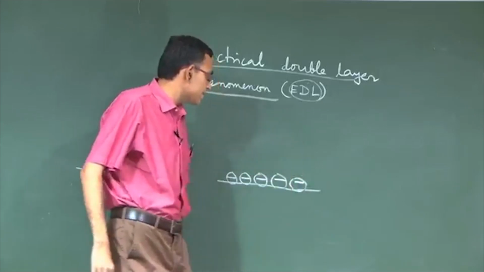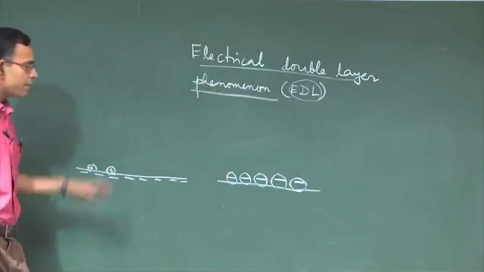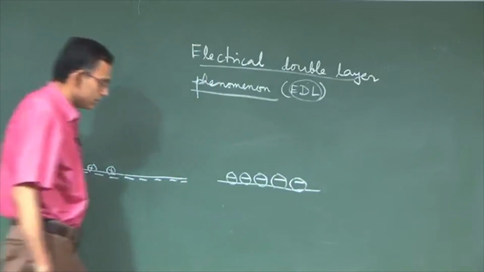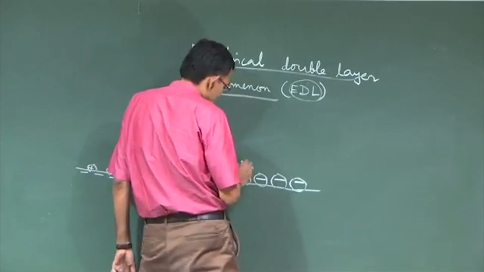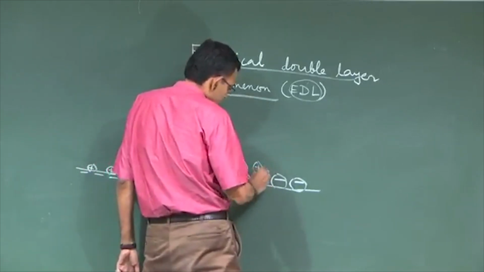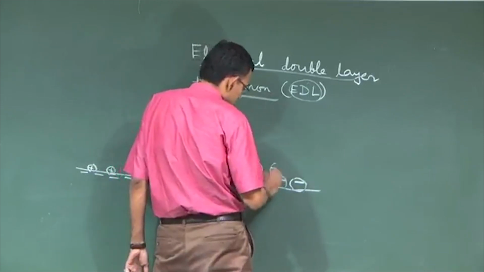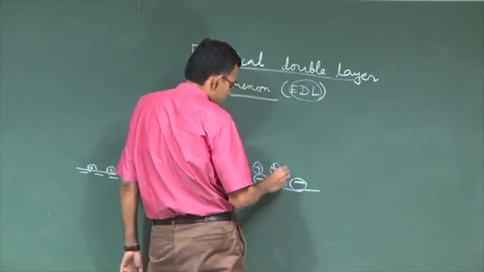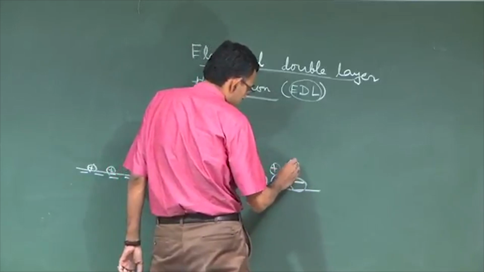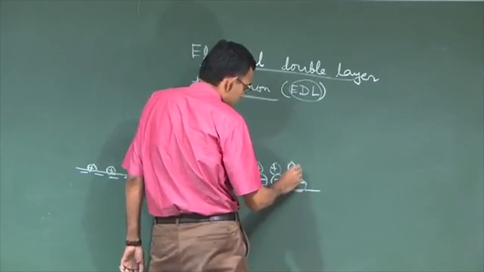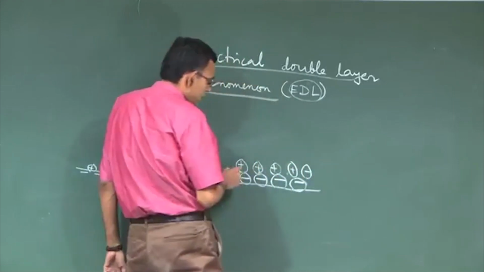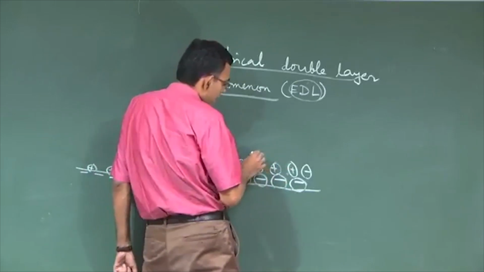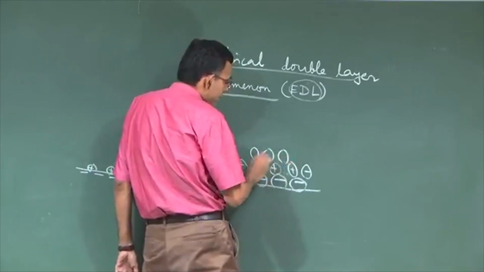On top of this, what will be there? You expect that there will be more positive ions than negative ions, and in fact it is like that. Let us say this layer has 4 positive, then there will be a layer with 3 positive. I am just giving some arbitrary example.